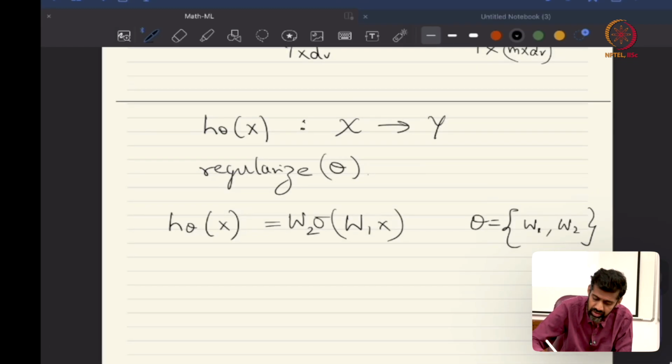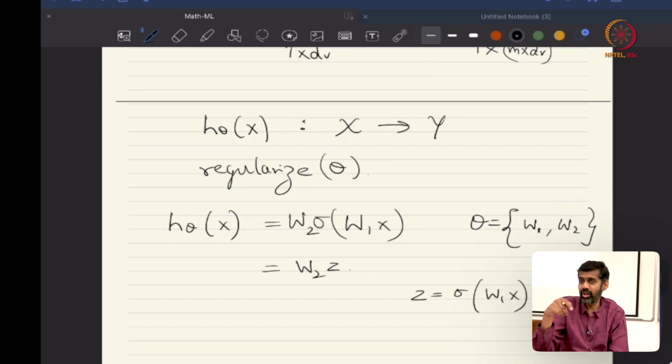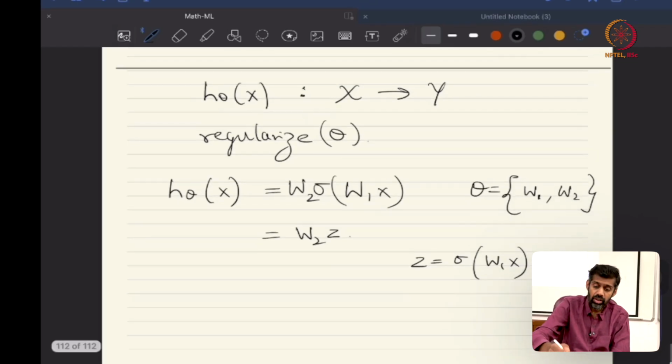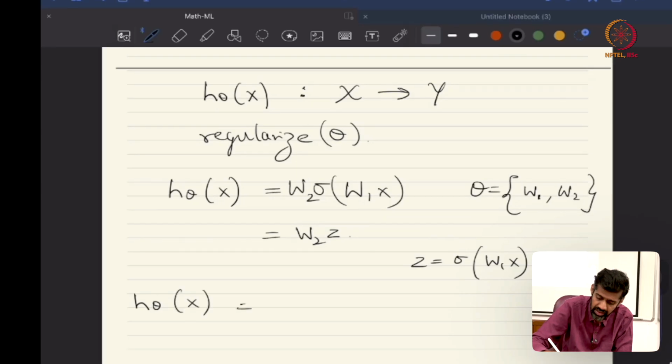Now suppose I call this w2 times z, where z is simply sigma of w1 x. I already told you that you can see a neural network or any composite function as repeated projections of data onto different subspaces. Now this entire h can be viewed as a function of theta and z as well.